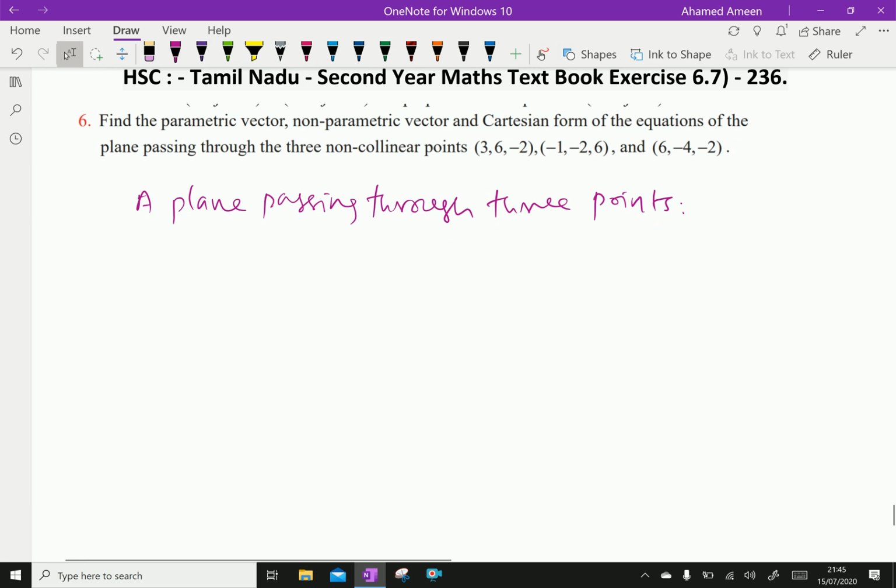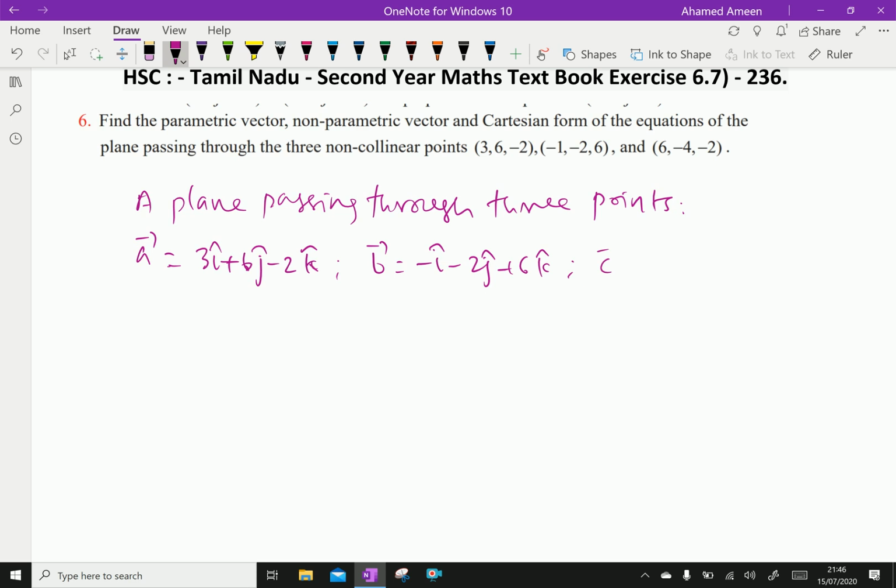Let vector A equal the first point, 3i plus 6j minus 2k, vector B equal minus i minus 2j plus 6k, and vector C equal 6i minus 4j minus 2k.